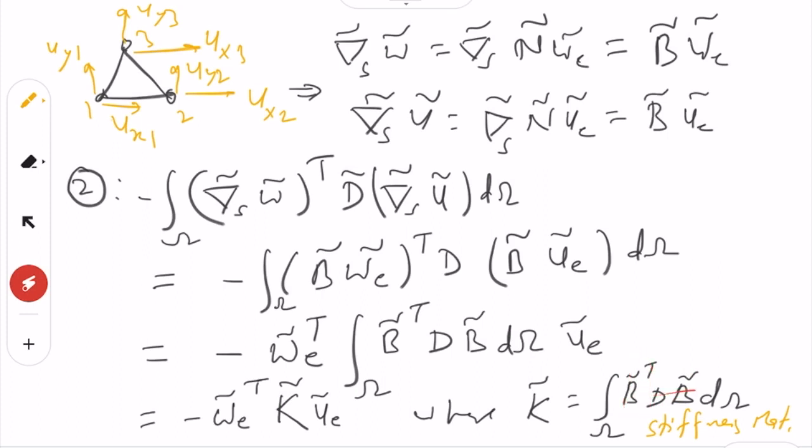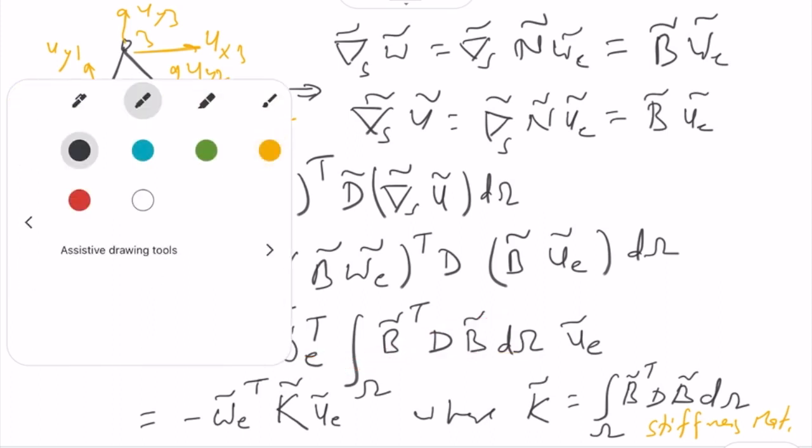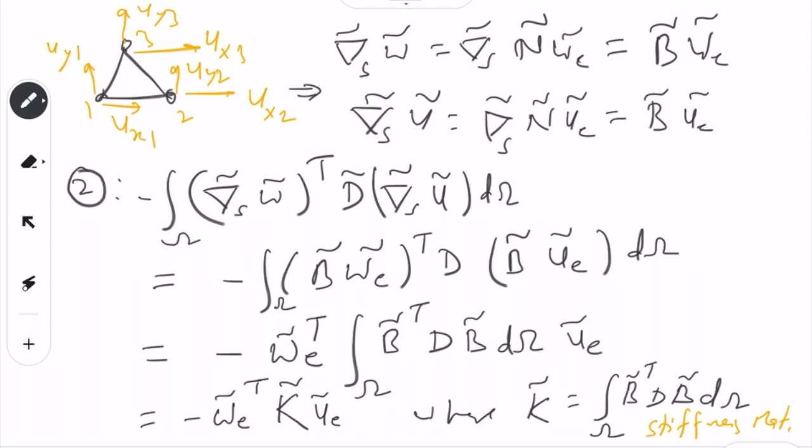That is the only difference, but this is what the stiffness matrix is. In any case we got this one from 2. So, let us call it equation number 2.